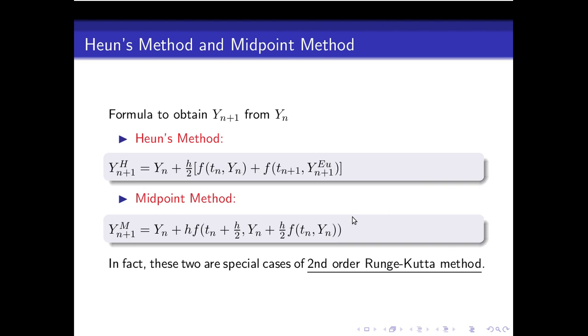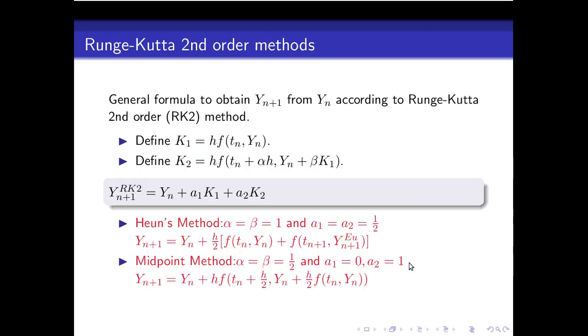In fact, these two methods are special cases of a general method which is called the second order Runge-Kutta method. Look, the Euler method was a first order method because it was consistent up to Taylor series first order, which is very obvious to see.